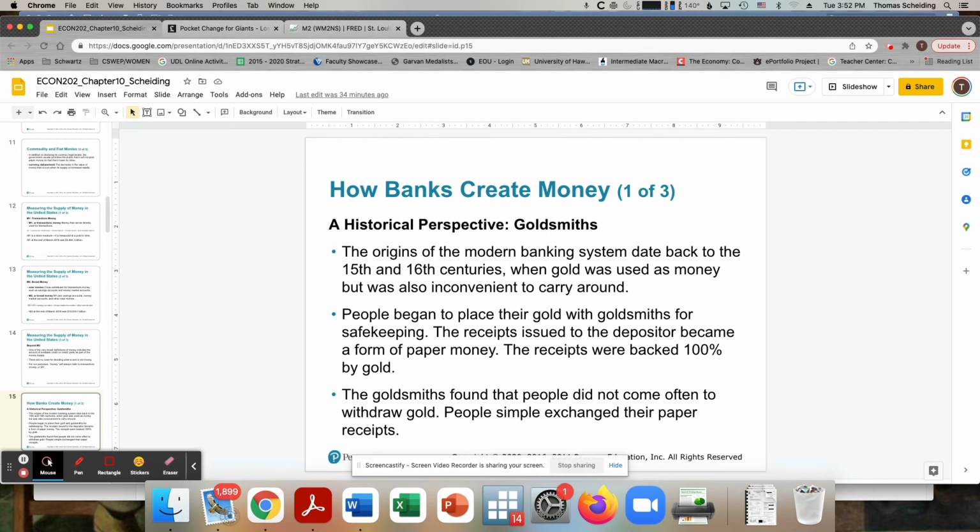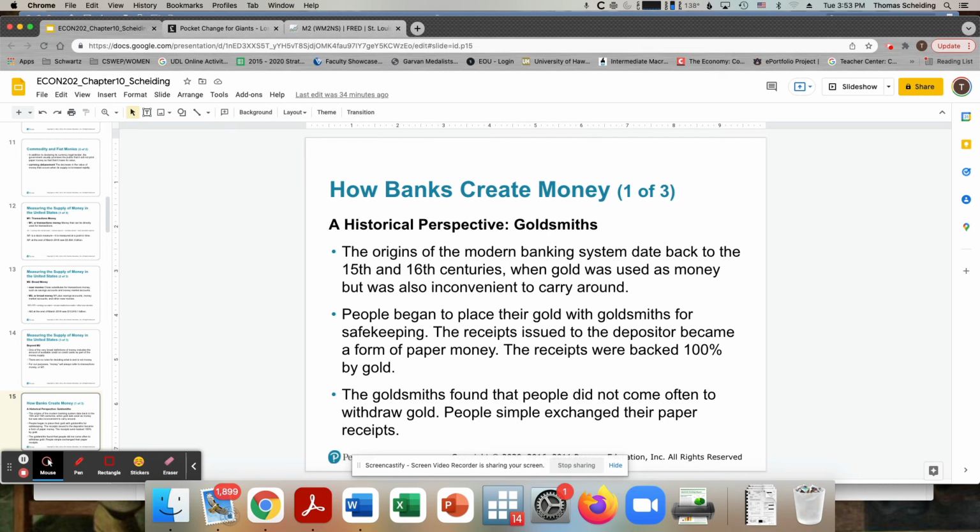But from all that I'm told, and I once held a gold brick, they're really heavy. And you can't imagine people wanting to hold and carry those kinds of things around.